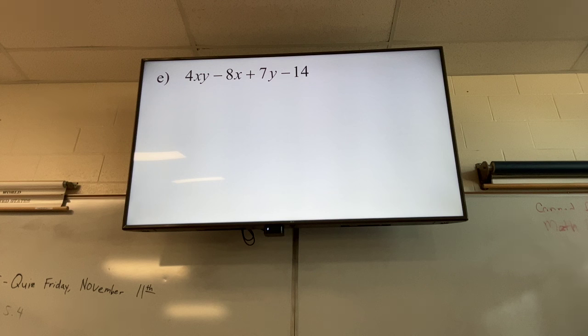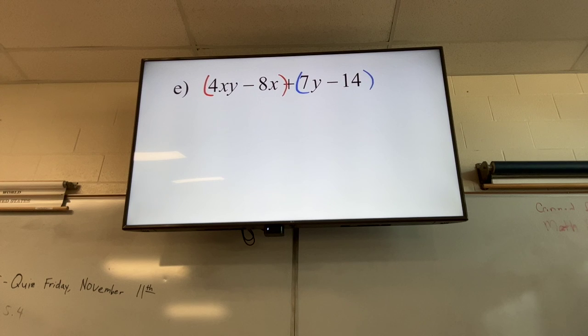You're thinking grouping, right? So let me do my red parentheses, my blue parentheses. Do I need to change this sign here or no? Why not? There's a plus here in the middle, not a minus, so I don't need to change this. Okay, good. And then what did you pull out of the red one, Emily? She pulled 4x out, and then what do I write in the red parentheses? Yeah, good job. Maybe 2.